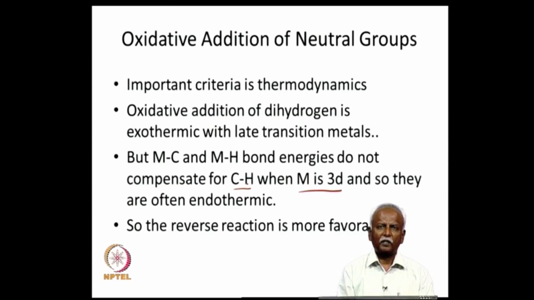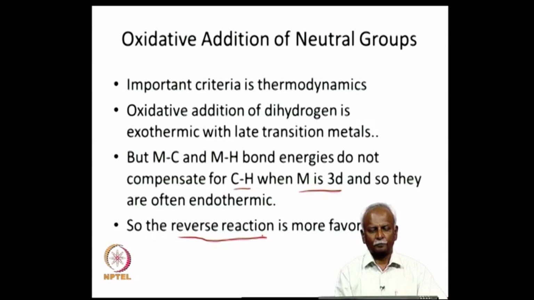So, 4d and 5d transition elements undergo oxidative addition with this third class of molecules more readily than 3d elements. And if indeed there are examples where you have CH activation or HH bond breakage and formation of two MH bonds, then with 3d elements the reverse reaction is a favored reaction. So, the reverse reaction happens much more readily and you have reductive elimination.